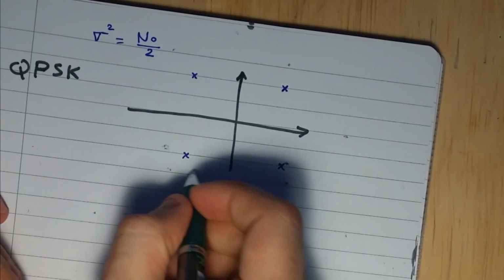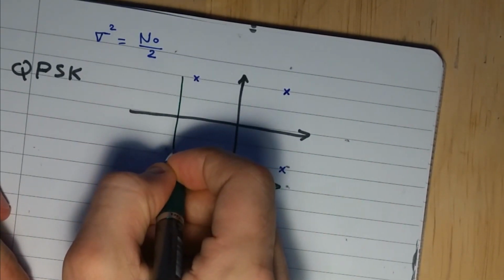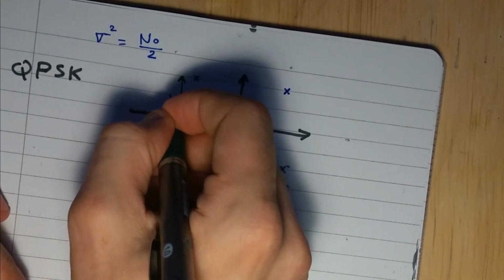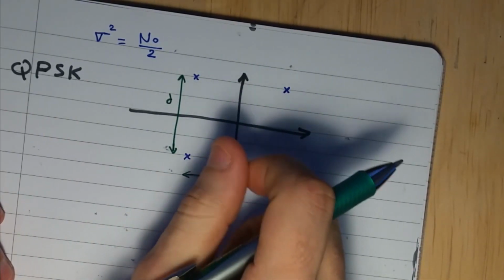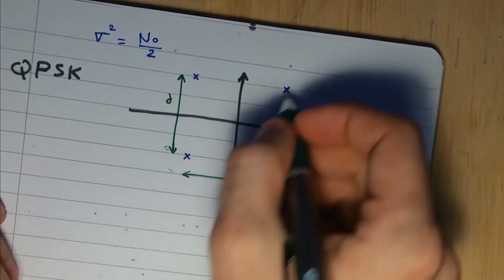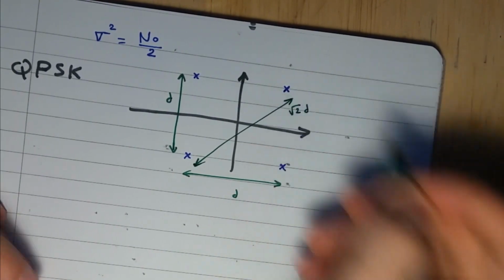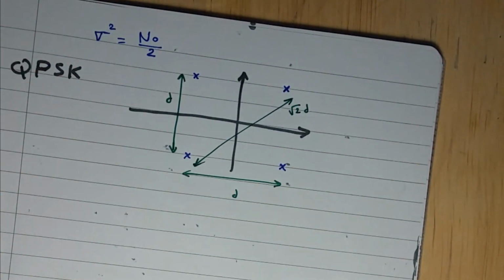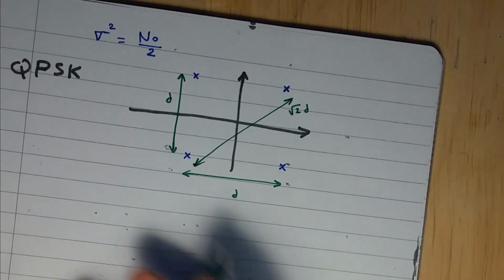Just my drawing is kind of bad, but here it is d, here it is d, and in order to find the distance between this one and this one, we just use the Pythagorean method, and it's of course square root of 2 times d, because d square plus d square is equal to 2d square, and the distance is square root of that, which is square root of 2 d.